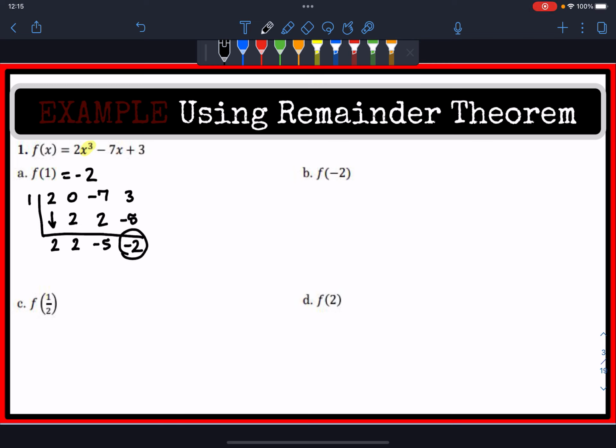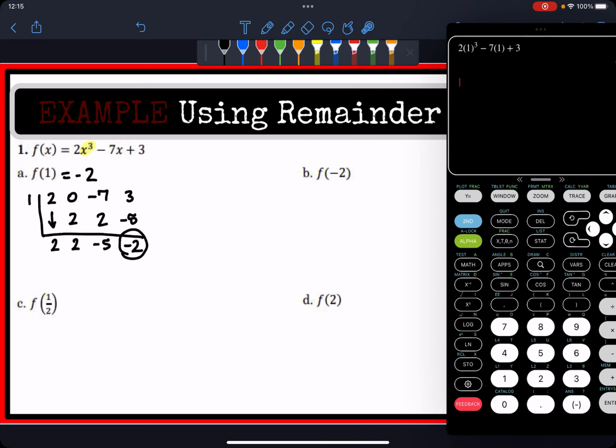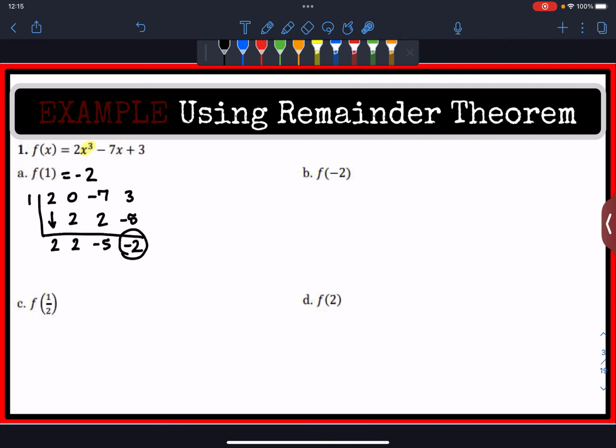So you see this remainder matches exactly the value I got by doing the normal substitution instead of this synthetic substitution. And that's what the remainder theorem is simply stating, that I can evaluate a function by using this technique. So let's use the same technique with the remaining problems.